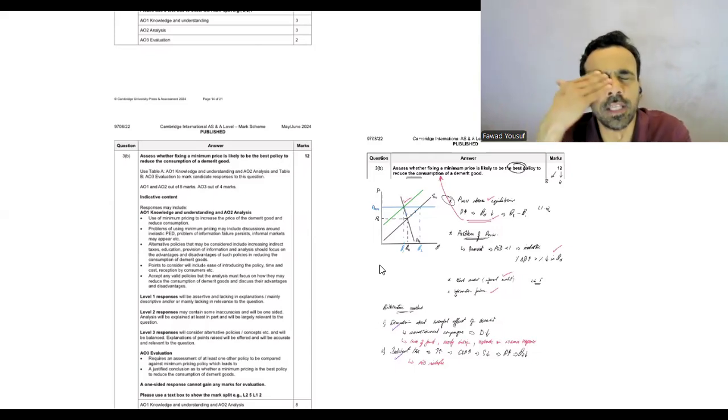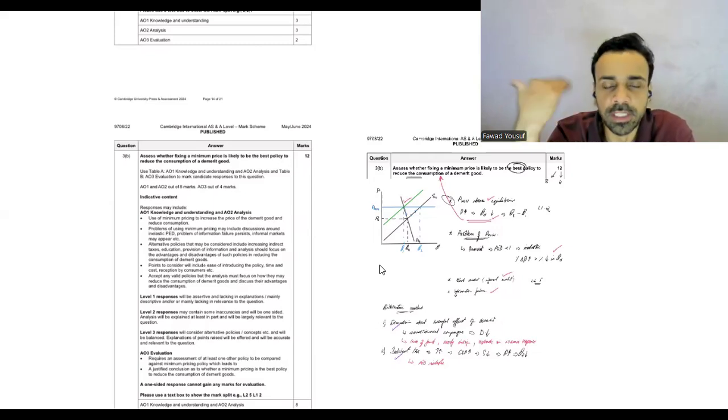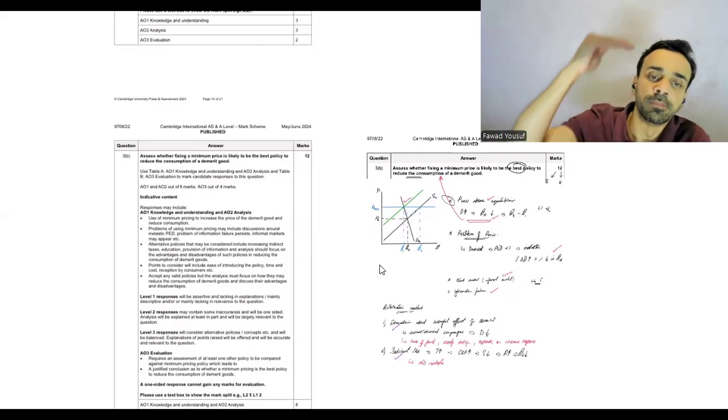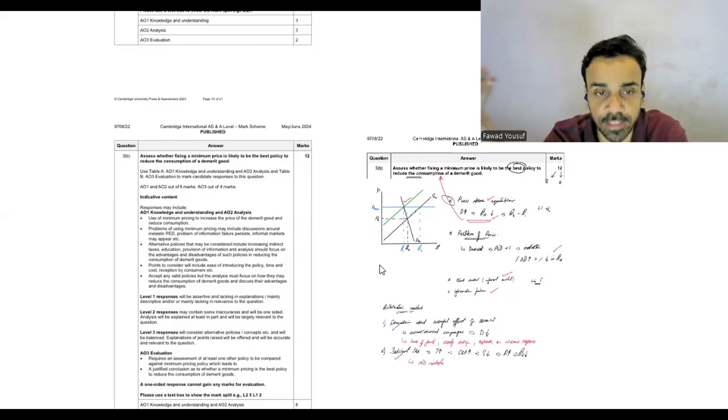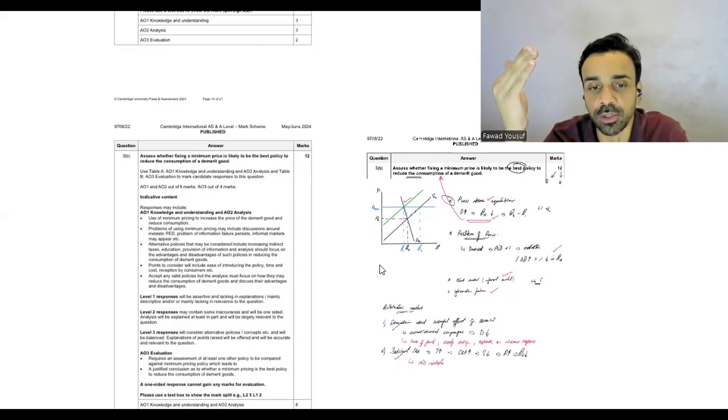One of the things that I can think of is, for example, if there is rapid inflation in the economy and you're placing a minimum price, ठीक है? So one of the failures of the government is their inability to raise the minimum prices with the inflation. So that is something, but again, it's a very long shot.